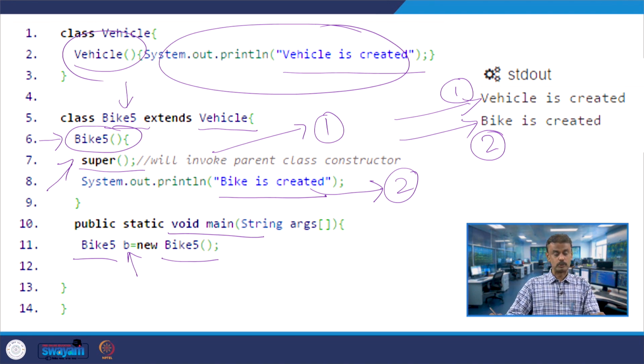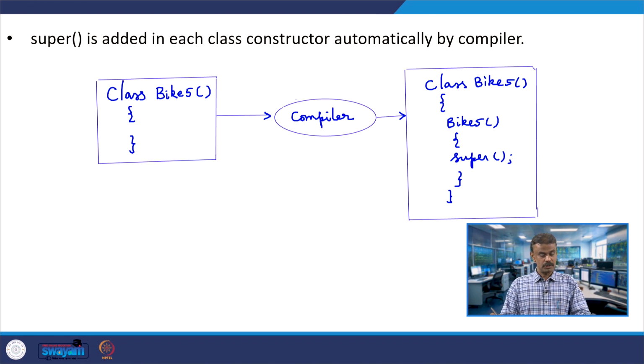So now we have used super for the constructor as well. According to the compiler, even if you leave it out, so let us assume class Bike5 from the previous example, it will be treated like this: Bike5 is the constructor, and under the constructor it is assumed that you have the super keyword.